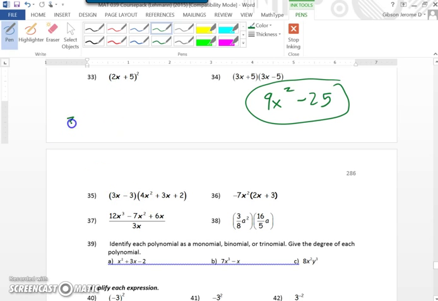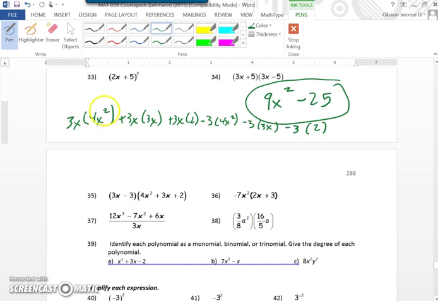We would have to take 3x times 4x squared, and then 3x times 3x, and then 3x times 2. Now we would take the minus 3 times 4x squared, minus 3 times 3x, and then minus 3 times 2.